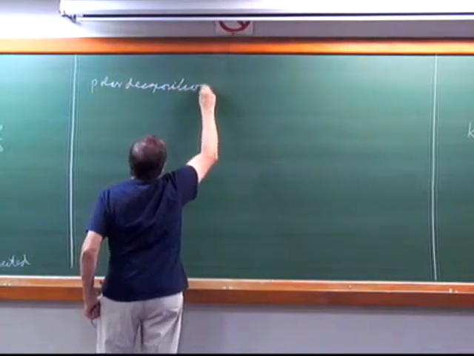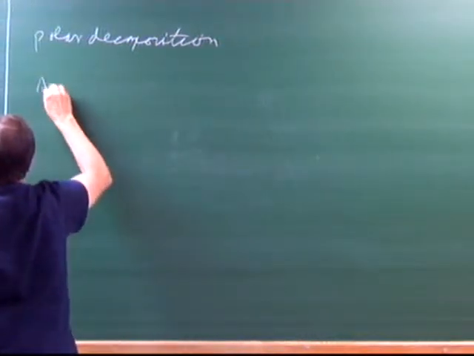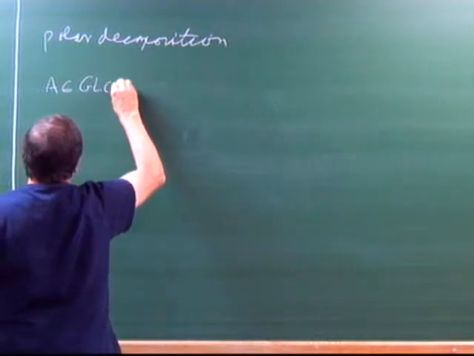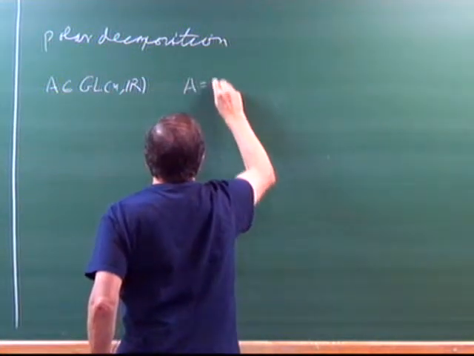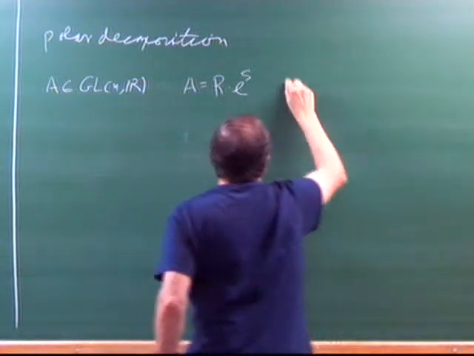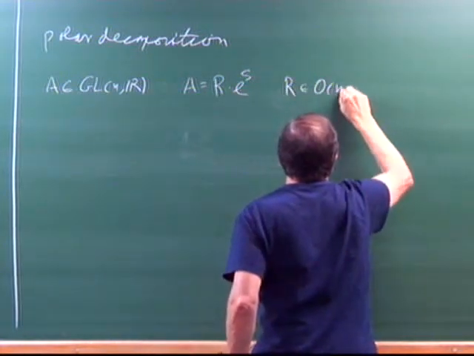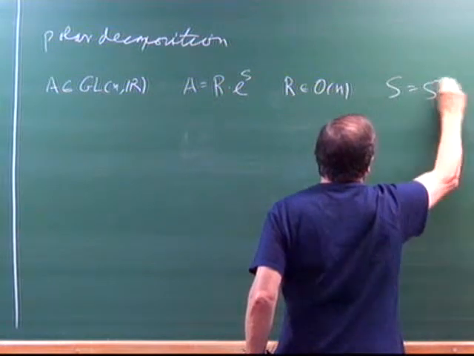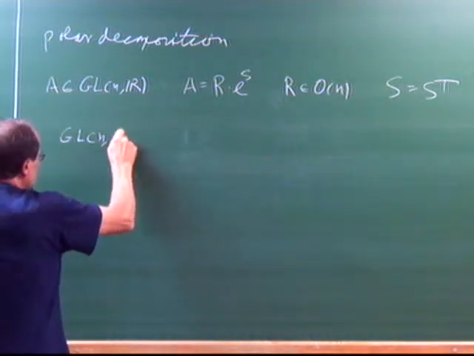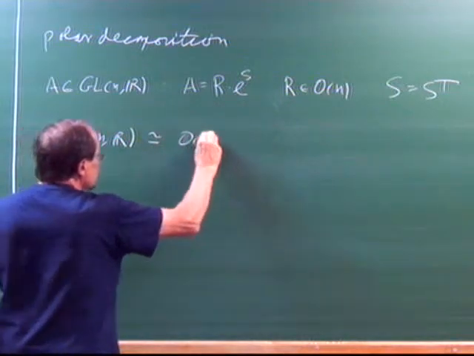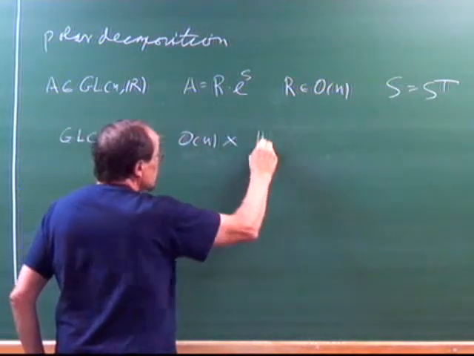So you saw that every matrix A in GL(n,R) is R times e to the S, where R lies in O(n) and S is symmetric, which meant that GL(n,R) in particular is diffeomorphic to O(n) cross a vector space.